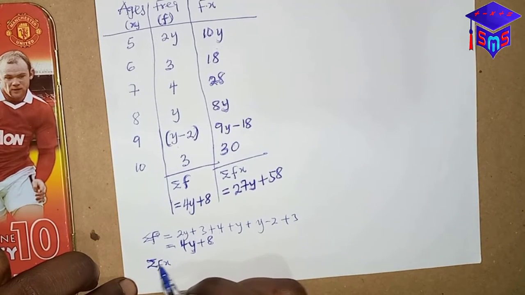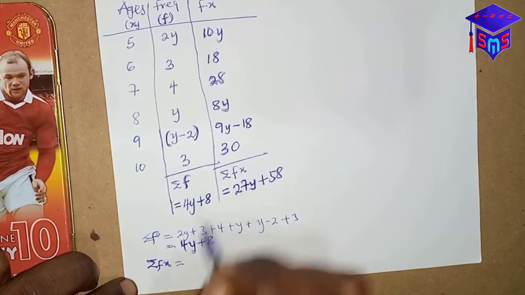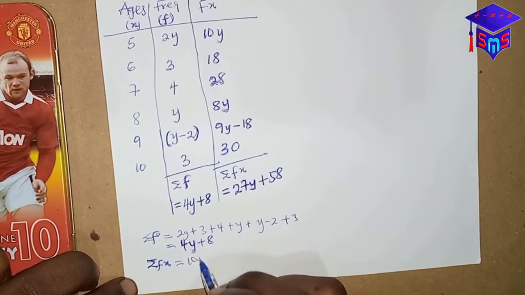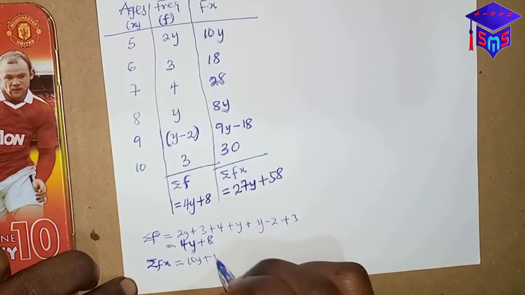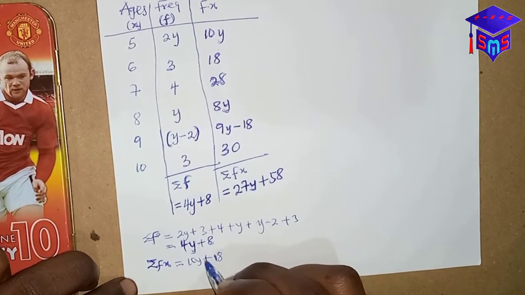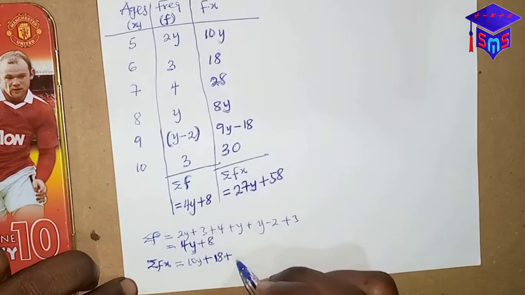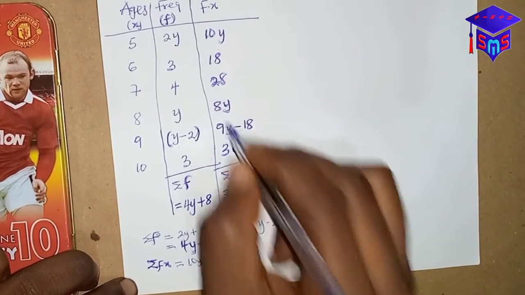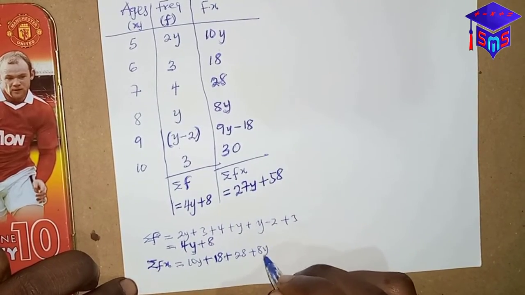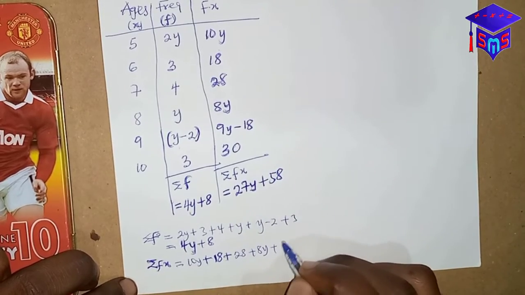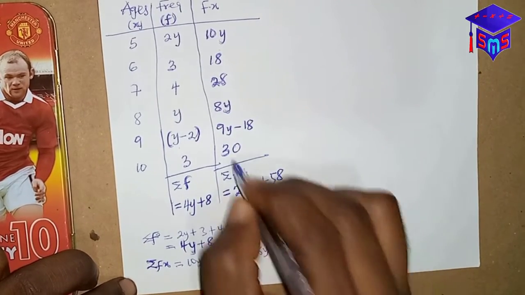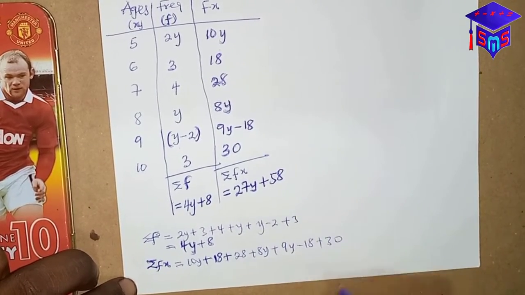Okay. And then also you take this one, sigma fx will be giving us 10y plus 18 plus 28 plus 8y plus 9y minus 18, then plus 30.